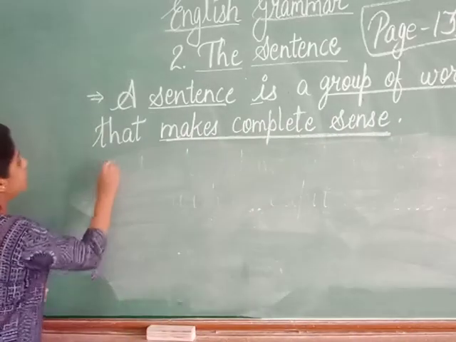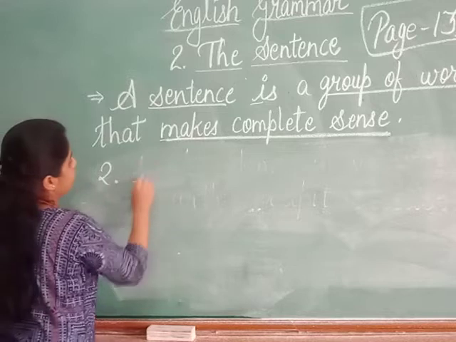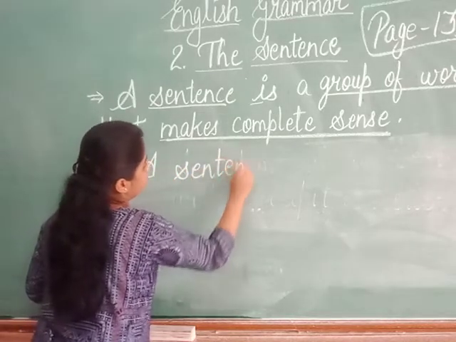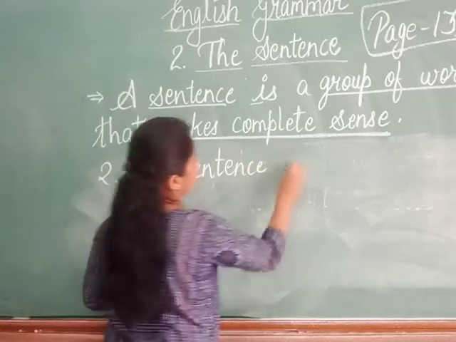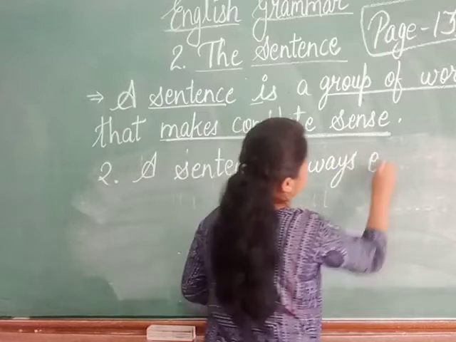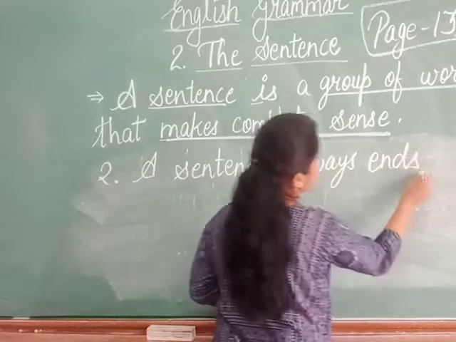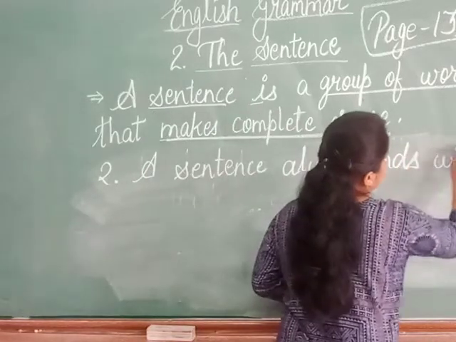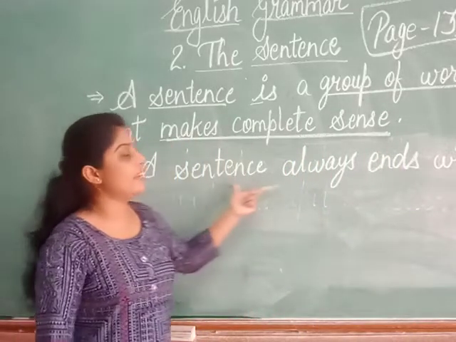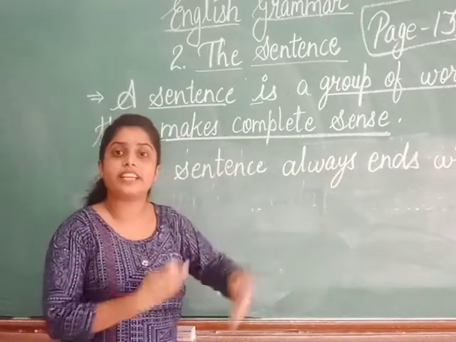So the second rule is, a sentence always ends with a punctuation mark. एक सेंटेंस हमेशा एंड होता है कैसे?